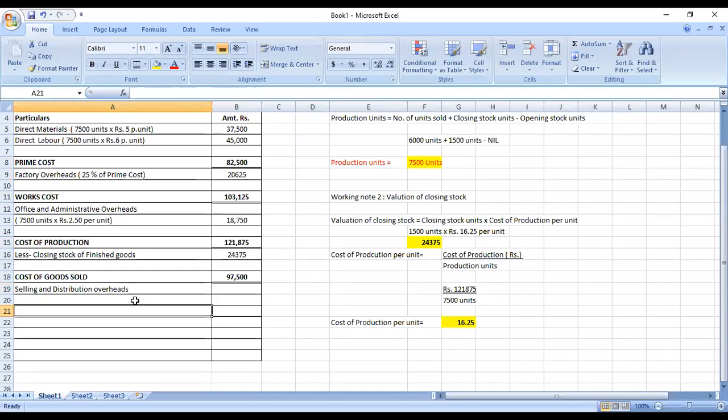Now read adjustment number 5, the last adjustment. In that adjustment, selling and distribution overheads were absorbed at 3.5 per unit sold. Of course, selling and distribution is based on the number of units sold, so you have to take care.